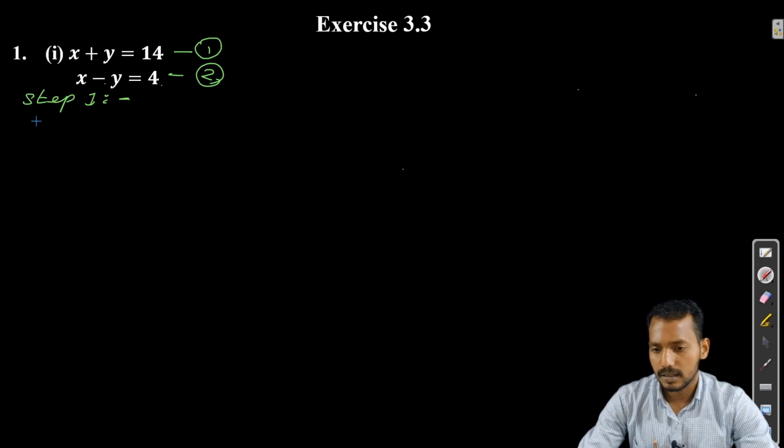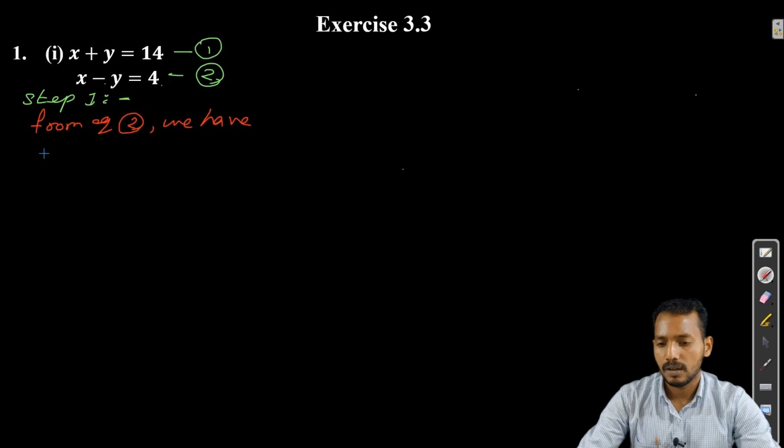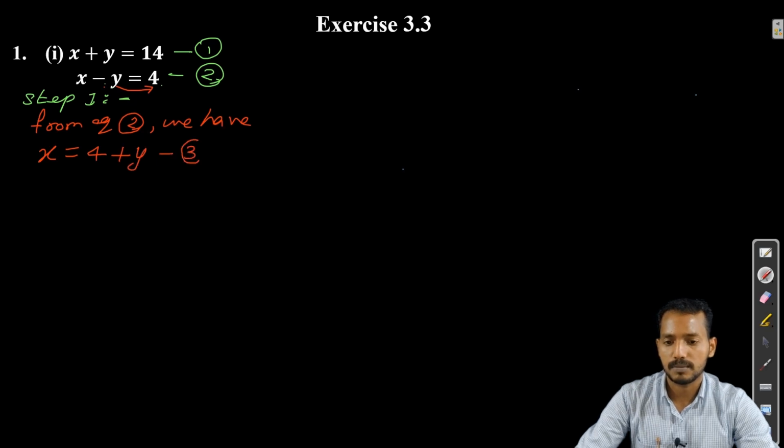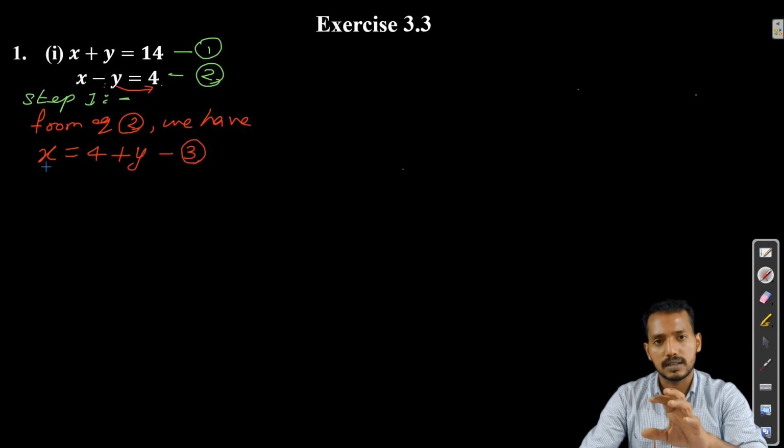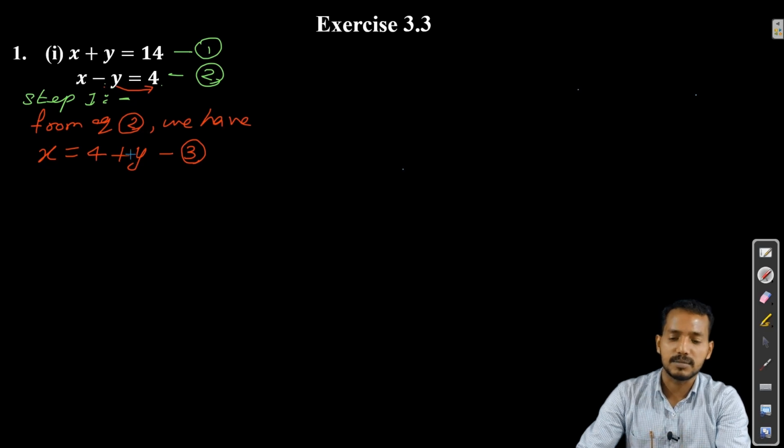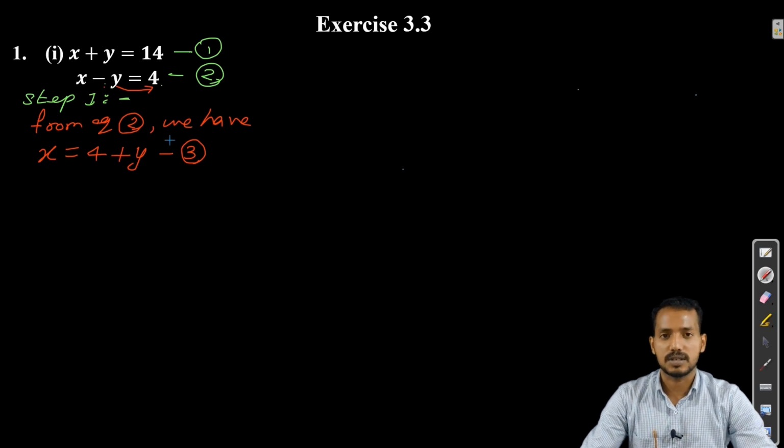So x, we are writing from equation 2, we have x is equal to 4, take this minus y to the right side, so we will get plus y, equation number 3. So now we have written x in terms of y, that is equation number 3.